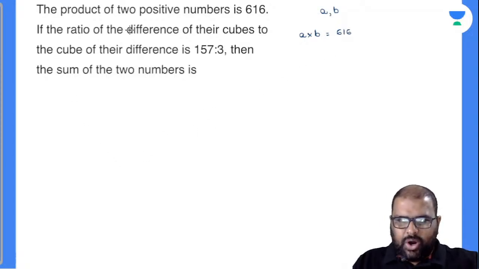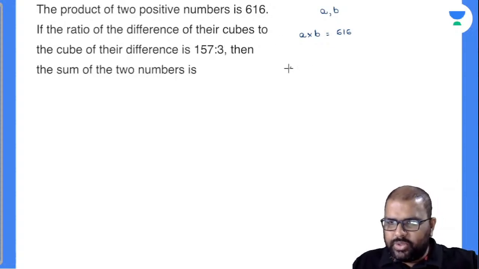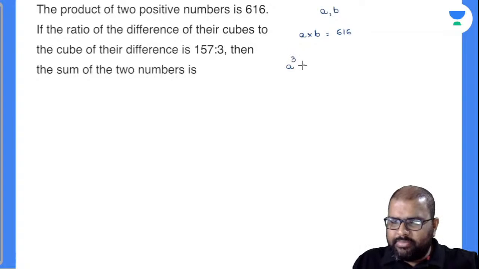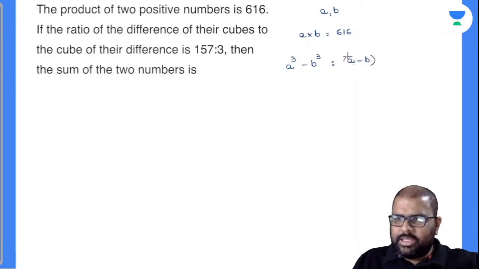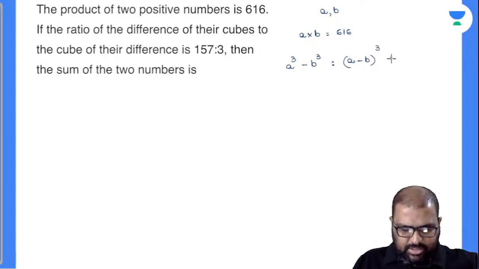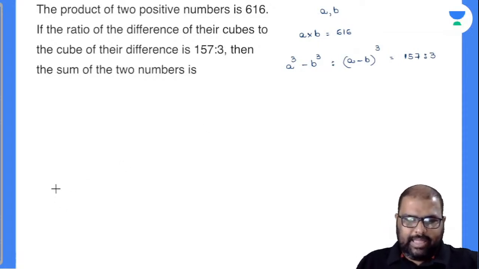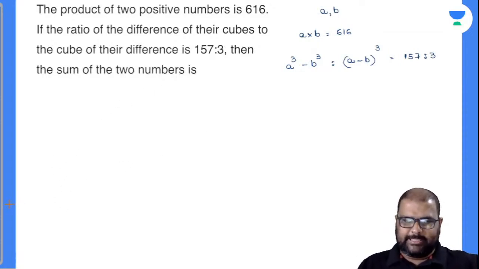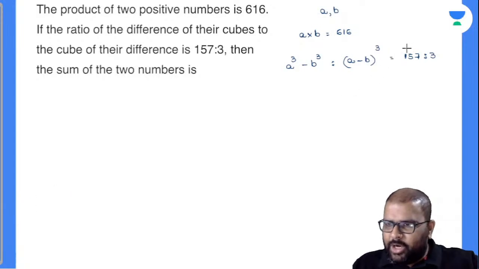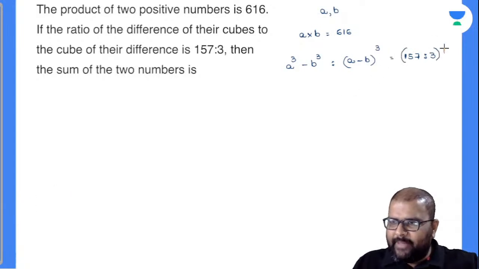If the ratio of the difference of their cubes, so a cube minus b cube, to the cube of their difference, so a minus b whole cube, is equal to 157:3, then the sum of the two numbers is what the question asks. Suppose I'll take a common factor called k.